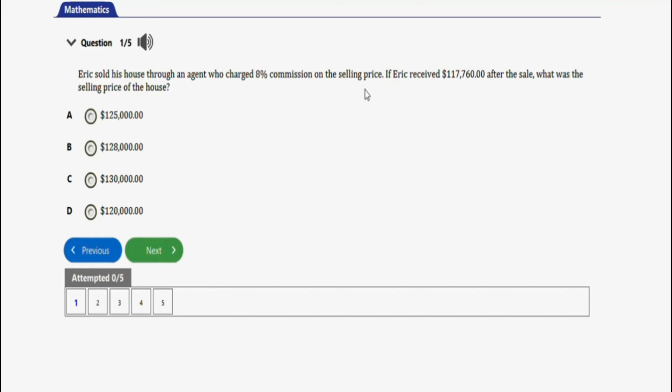The first question I have here says, a week sold his house through an agent who charged 8% commission on the selling price. If a week received $117,760 after the sale, what was the selling price of the house?